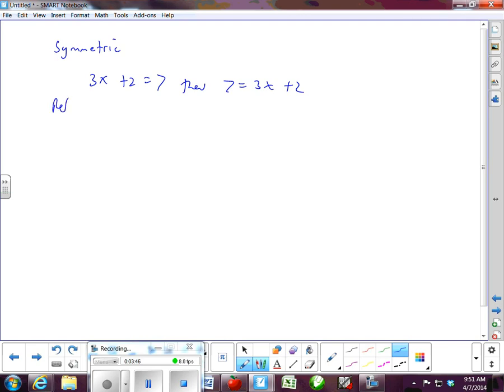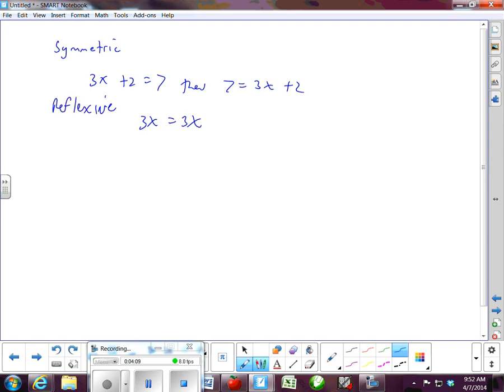The reflexive property is kind of boring. It's just you get back the same thing. So reflexive is something like this. 3x equals 3x. You might think that looks like the identity property, but that's a reflexive. A 3x equals a 3x.